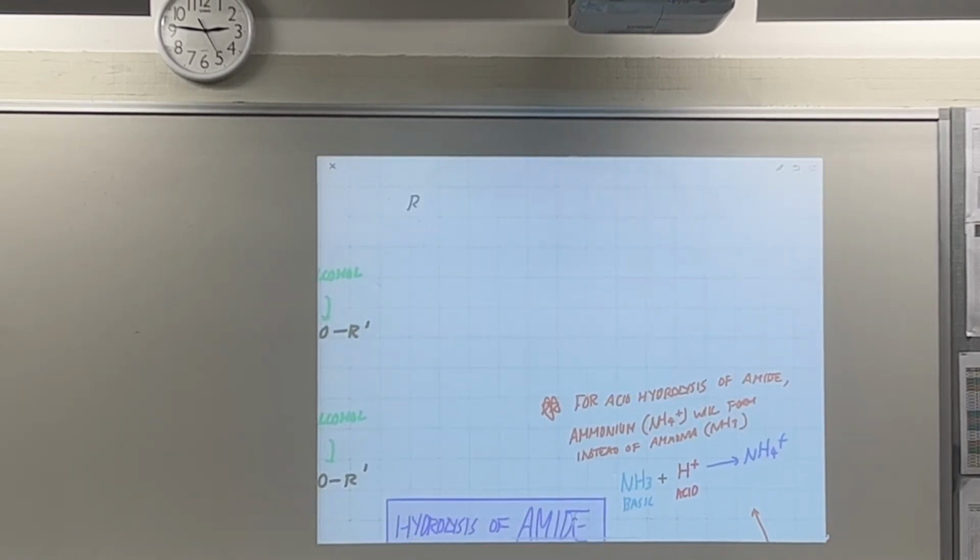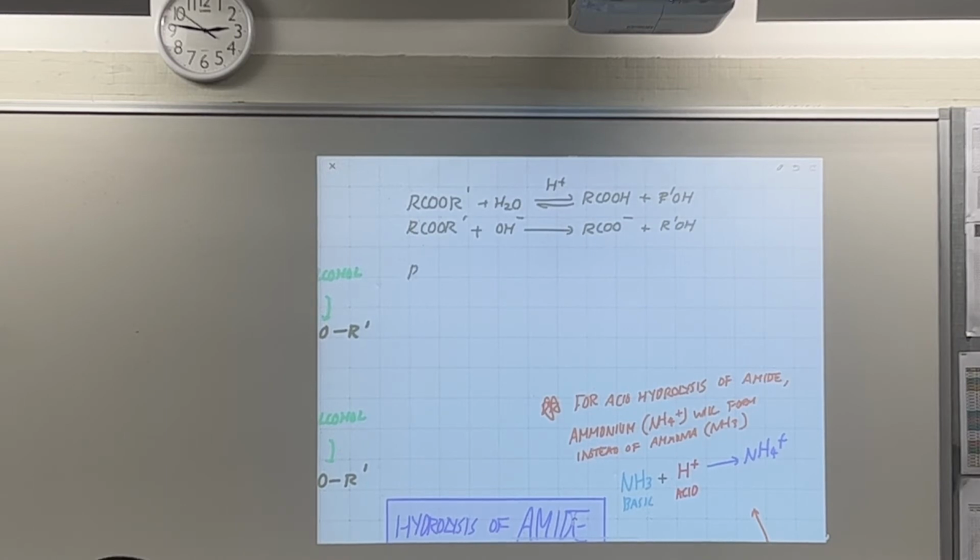When you have RCOOR', when you do acid hydrolysis, the reaction will form RCOOH and R'OH. When you do alkaline hydrolysis, this is irreversible. You get carboxylate ion and R'OH, the alcohol.